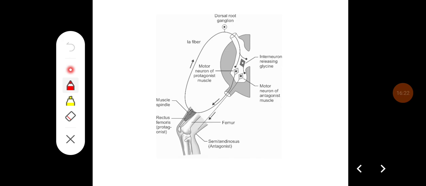So here, when the muscle is stretched, it is going to cause contraction of the agonist muscle, and one of the collaterals from the afferents goes to the interneuron, which is going to inhibit the motor neuron of the antagonist muscle, and it leads to relaxation of the antagonist muscle. This is called reciprocal innervation.